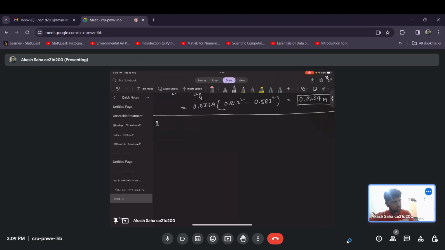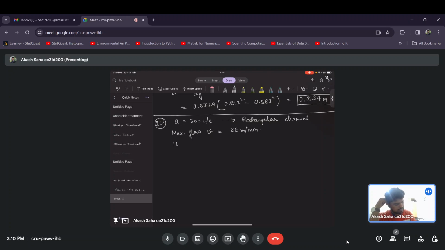So this is my question number 2. It says that my Q is 300 liter per second. It's a rectangular channel. My maximum flow velocity is 36 meter per minute.